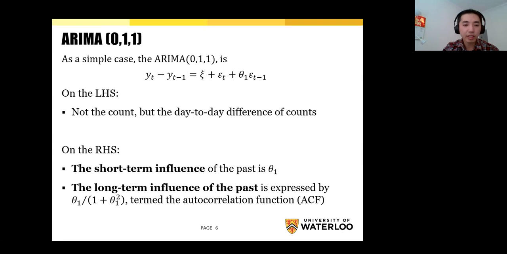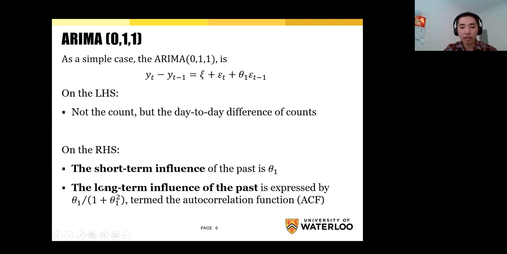So with that, there is a nice interpretation of this model. If you fit the data to the model, the short-term influence of the past is reflected through this coefficient theta 1 before the error term.